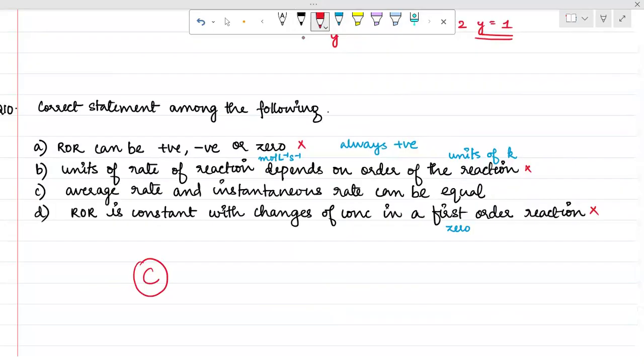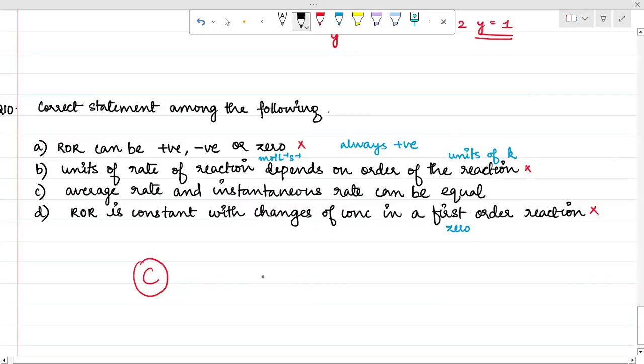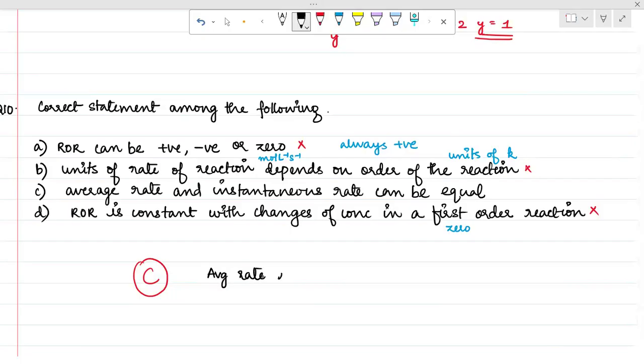Now, what is the difference between average rate and instantaneous rate? So these are actually the two types of rates. So we can just note it down if you want. Please note it down. Average rate is estimated. So both are rates only. What is rate? Rate of reaction is changes of the concentration with changes of time. So both these terms actually notate the same, concentration changes with time. But there's a small difference.